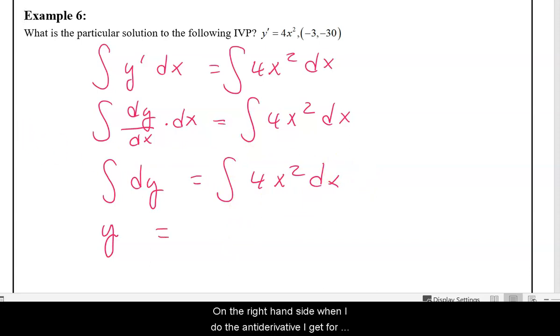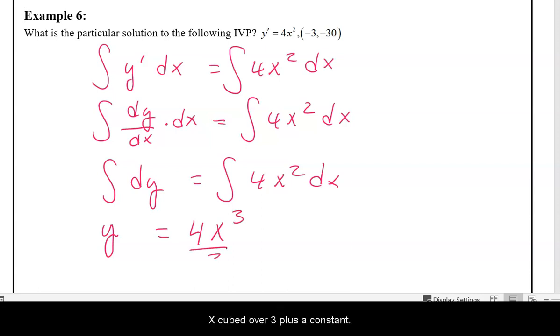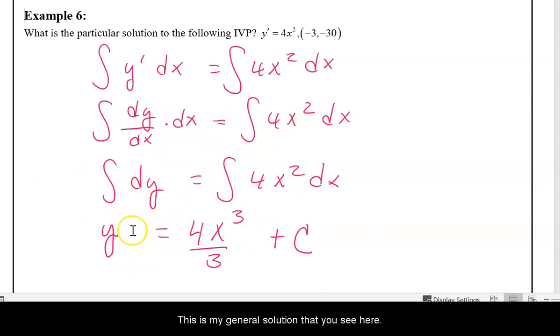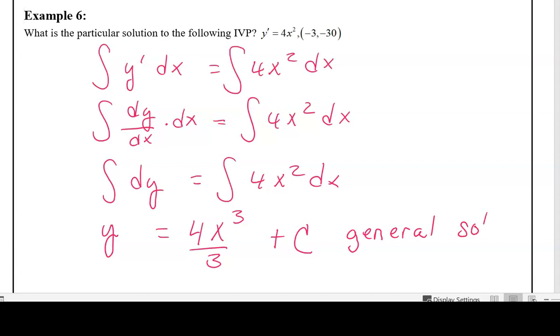On the right-hand side, when I do the antiderivative, I get 4x cubed over 3 plus a constant. This constant is the combination of the constant from the integral on the right minus the constant of integration from the left. This is my general solution that you see here. This is the one that has plus c in it.